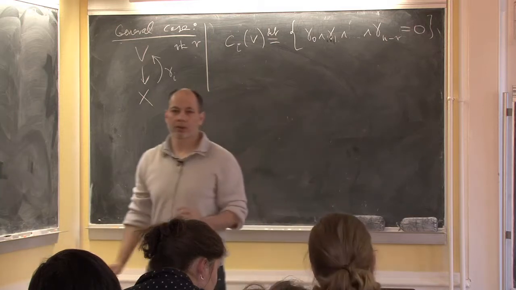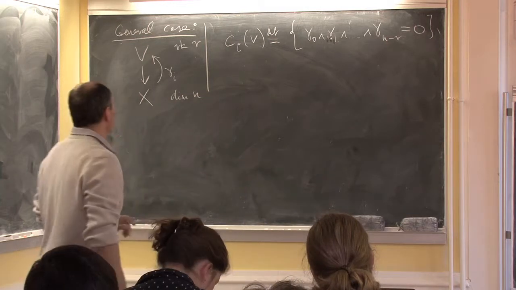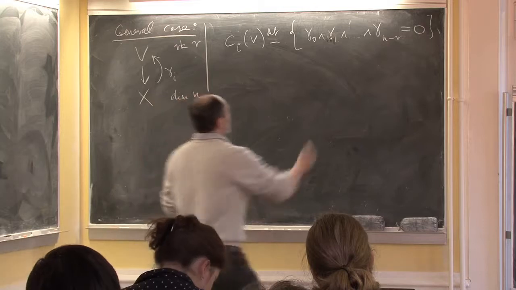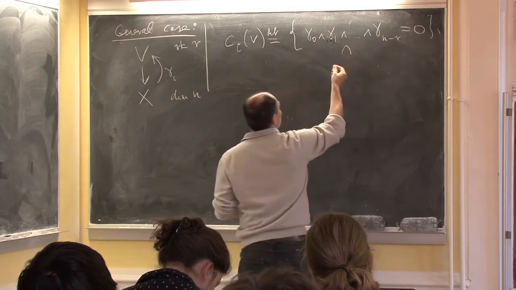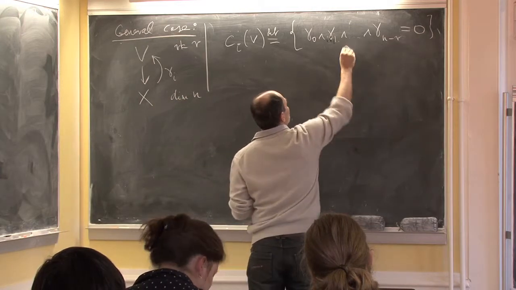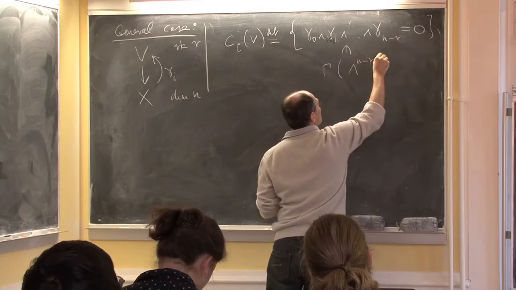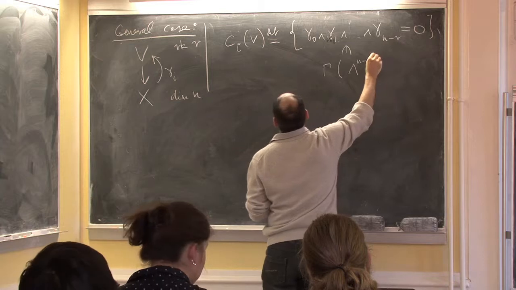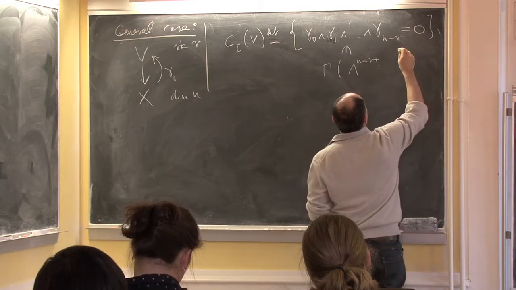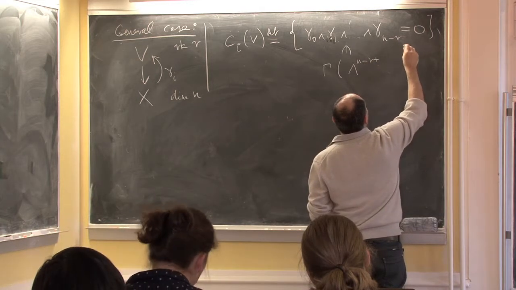Okay, so this is a definition. If you like, you can think of this as being a section of a bundle which is wedge n minus R plus I.